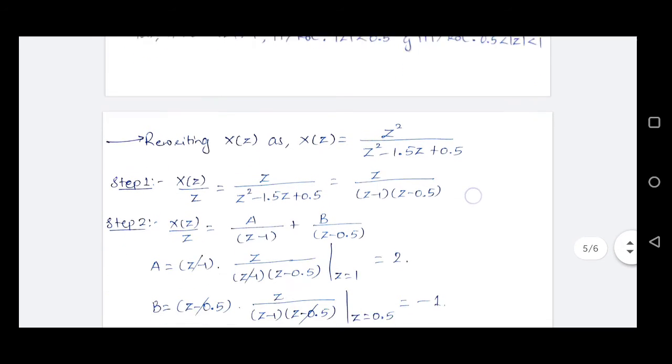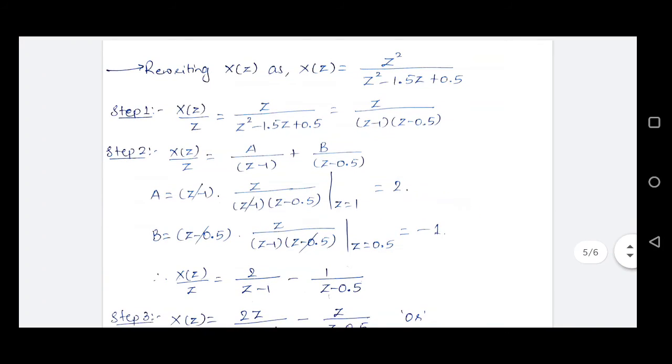In the very first step, we'll rearrange the given z transform to have positive powers of z. So X(z) equals z^2 divided by (z^2 minus 1.5 z plus 0.5).